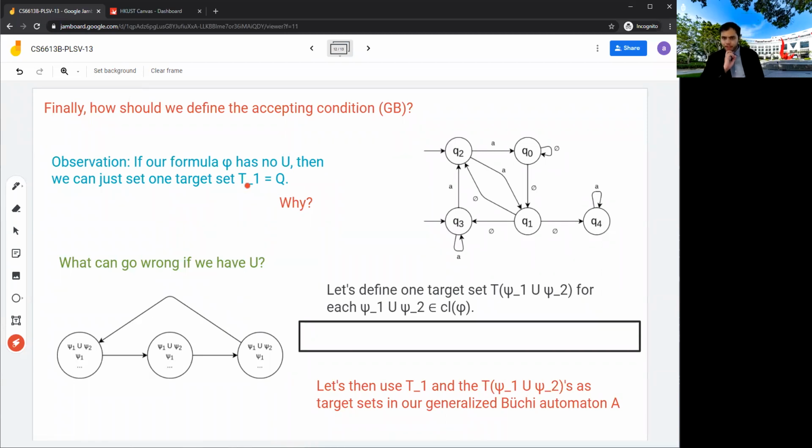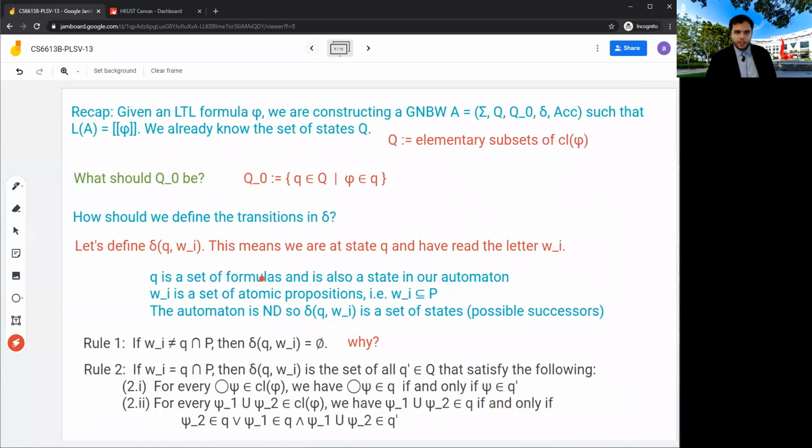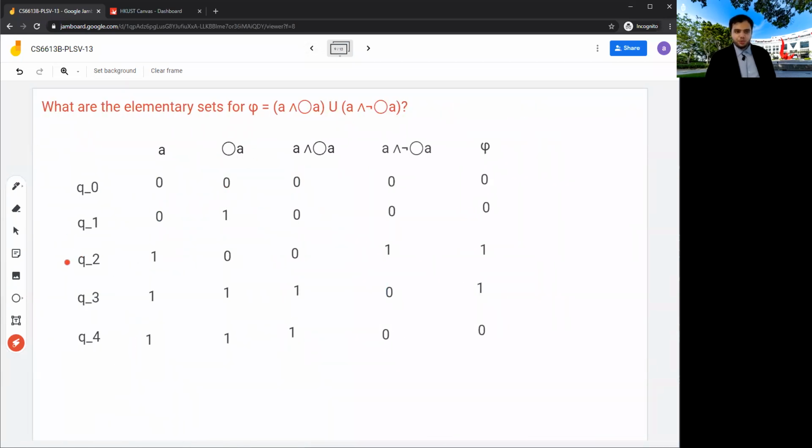Why? Well, because if I don't have any until, the way that I defined my transitions makes sure that I can only transition at every step if I satisfy all the formulas in the current state, right? So for example, if I'm at state, let's say Q2, I cannot move forward without satisfying A, right?